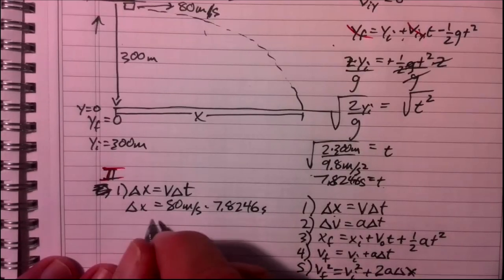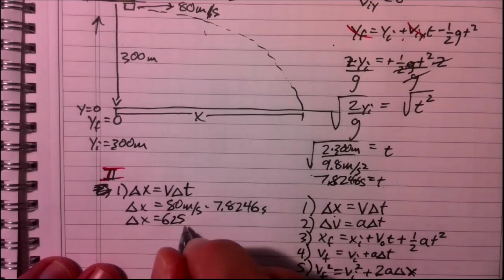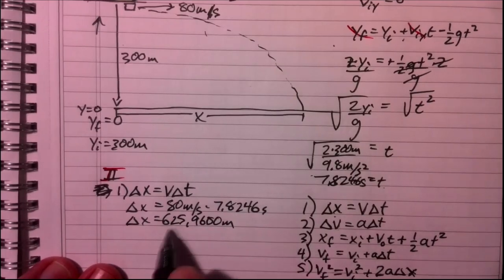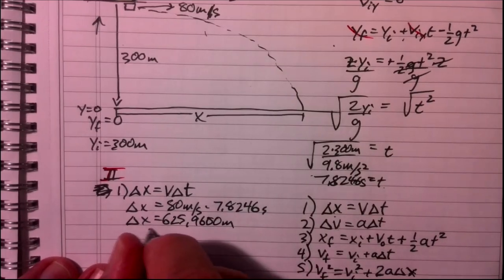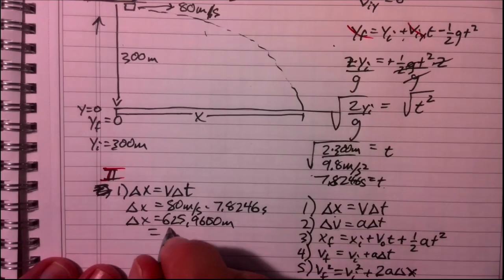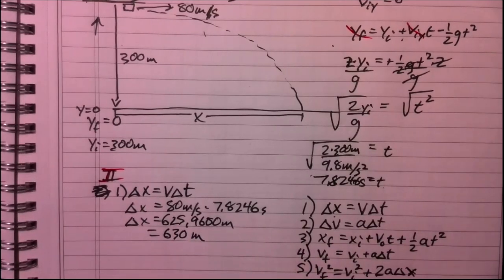The distance here is going to be 625.9680 meters, and that's too many digits, so you're going to need to round this off to 630 meters. Okay, so that was it. This will help you on the exam, and this is also useful for many, many projectile motion problems.